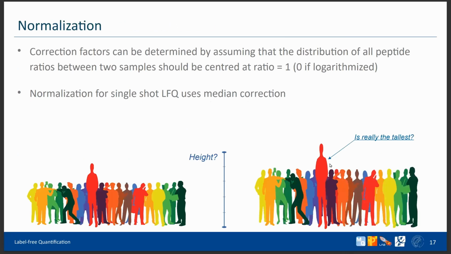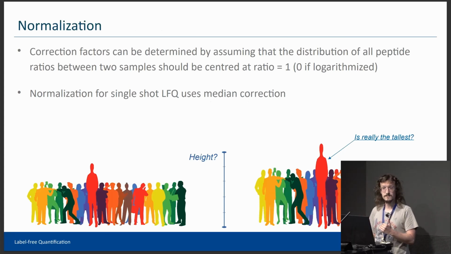Just to quickly make a simple example of how normalization works, let's look at these people here. You want to say, who's the tallest person in these two groups? Well, you will first say that probably it is this one. But then you have to take into account the background to see how this person compares to the background.